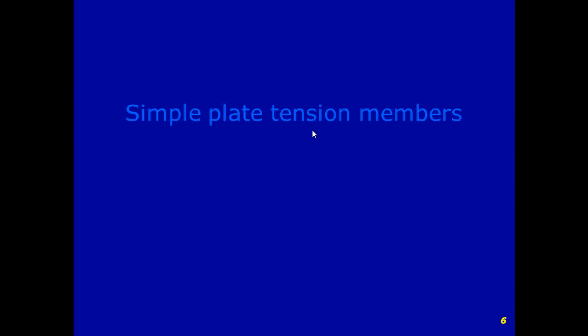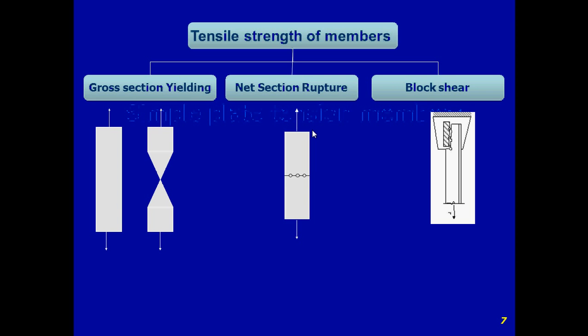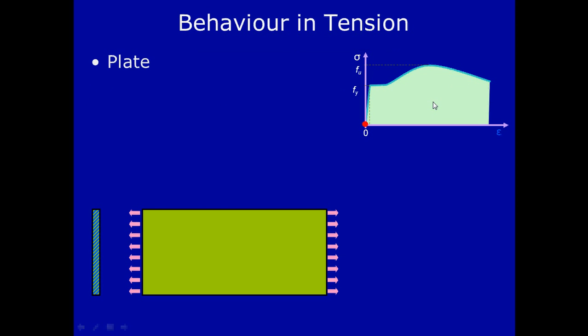Now let's discuss a simple plate subjected to tensile forces. The possible modes of failure are gross section yielding, net section rupture, and block shear failure. First, we discuss the cross section failure of a plate shown here in yellow color and subjected to tensile forces.